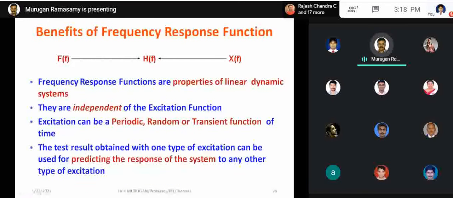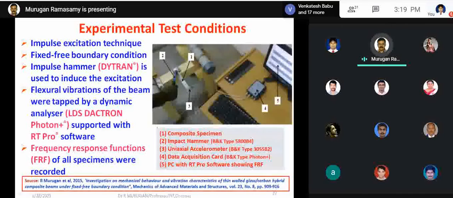And one more advantage of the frequency response function is that it is independent of the excitation. Either you can use an impact hammer, or a shaker, or any other type of excitation. For that particular structure we have a unique frequency response function. That is the important advantage. So this is the experimental setup we use in our lab to find the frequency response function of the glass and carbon beam.